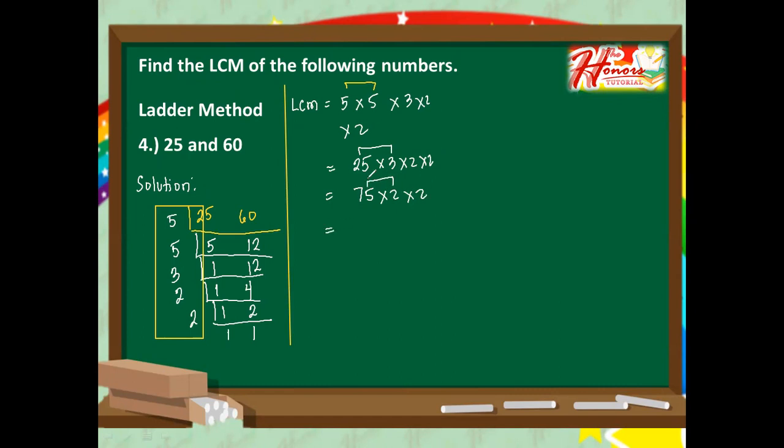So 75 times 2, that is 150. Times 2. 150 times 2, that is 300. So therefore, the LCM of 25 and 60 is equal to 300.